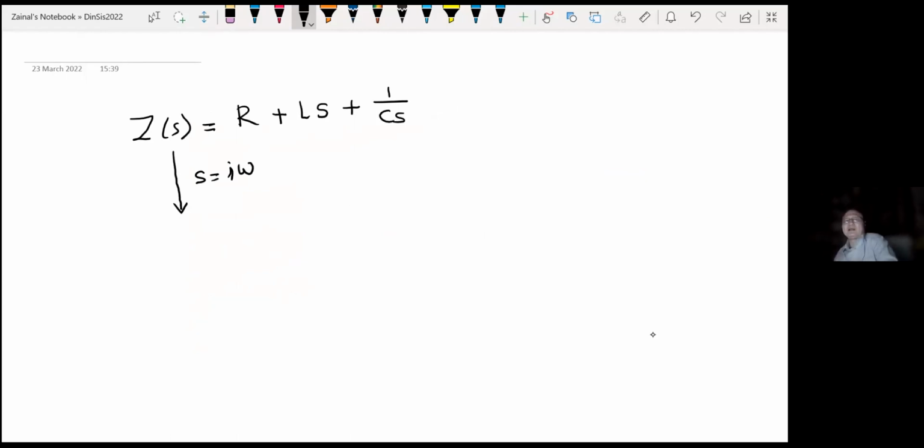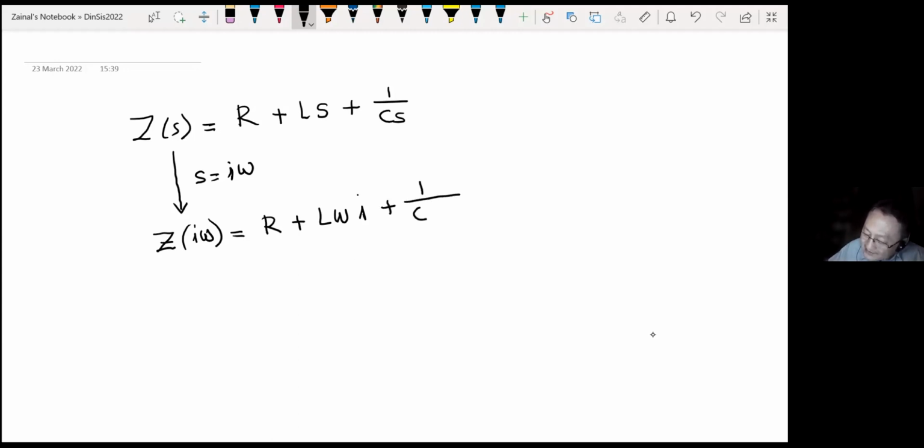I will explain in the next chapter about the frequency response function, but we use this one right this moment. If you substitute this, then Z I omega is the same as R plus L multiplied by omega multiplied by I plus 1 over C multiplied by omega multiplied by I.